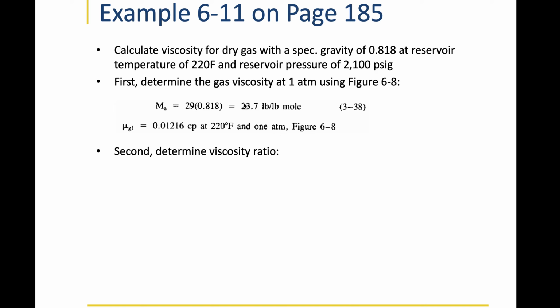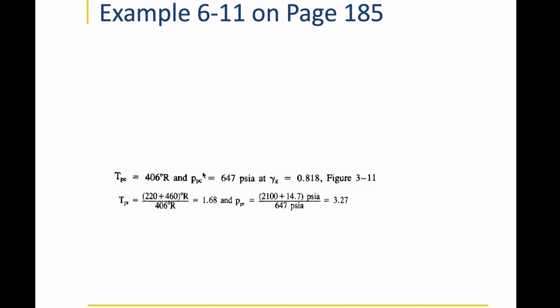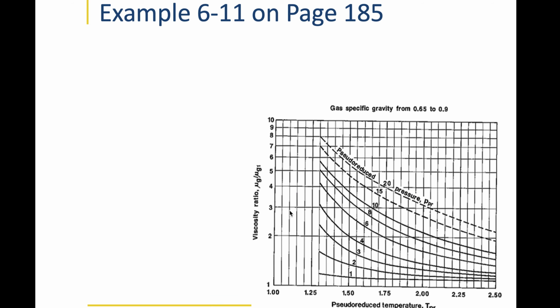So now I have the viscosity at 1 atmosphere from figure 6-8, and I have the apparent molecular weight of gas, which is basically 29 times the specific gravity. I'll go and find the TPR and PPR values. Since the gas specific gravity is given, I can find the pseudo-critical temperature and pseudo-critical pressure from figure 6-10. And then I can find the TPR and PPR: the reservoir temperature divided by pseudo-critical temperature, and reservoir pressure divided by pseudo-critical pressure.